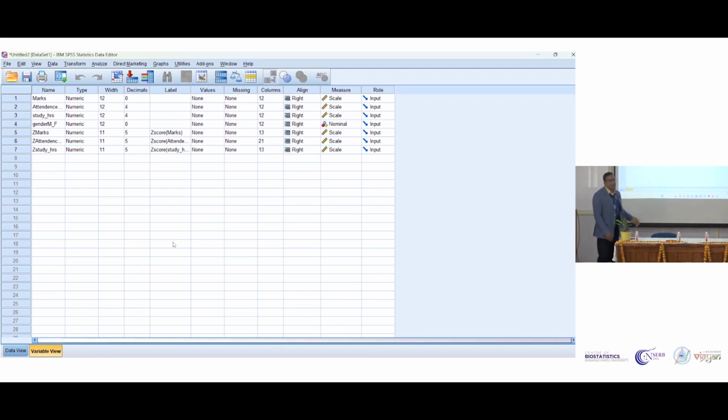Now you take Z marks as dependent and remaining 2 as independent.